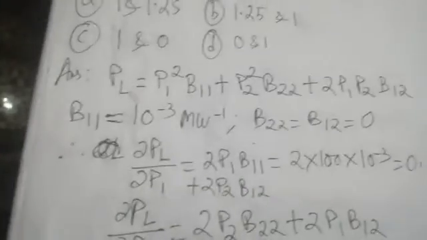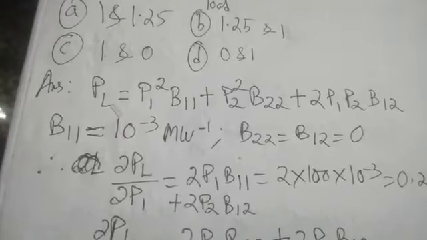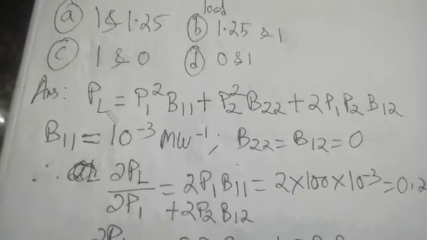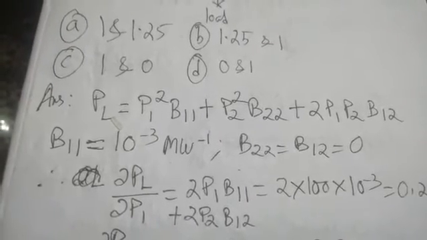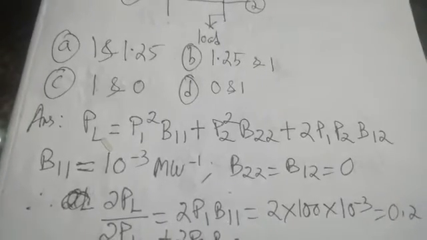Now for finding out the penalty factor for any particular plant, what do we need to do at first? We need to find out the incremental transmission loss. So at first, let's find out the incremental transmission loss for plant number 1. For that, we need to take the partial derivative of PL with respect to power P1.